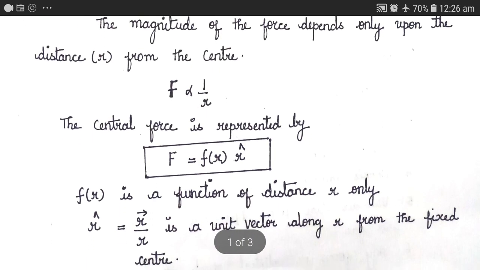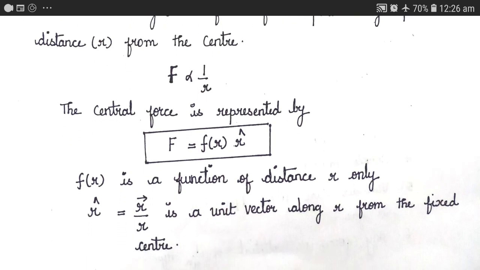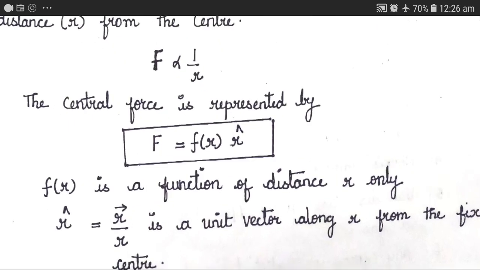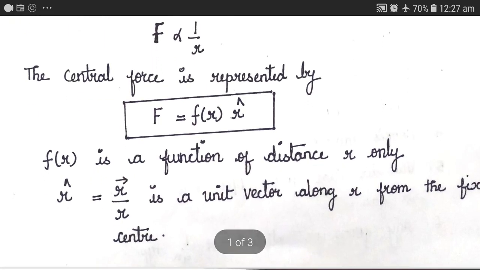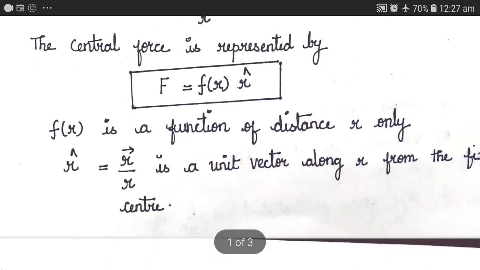We can represent the central force by the mathematical expression F = f(r) r̂. The small f(r) is nothing but a function of the distance r, and r̂ we generally give as the vector r divided by its magnitude |r|, which is a unit vector along r from the fixed center.